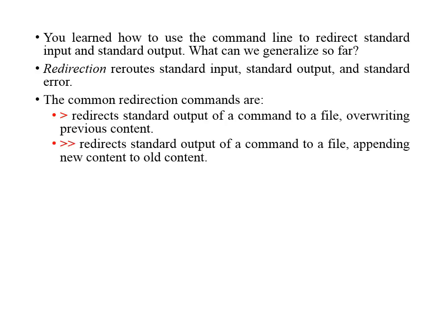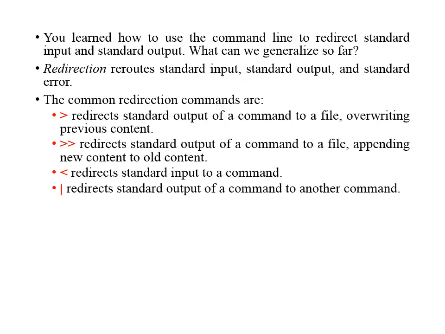The double greater than command redirects standard output of a command to a file, appending new content to old content. The less than command redirects standard input to a command. The pipe or vertical bar command redirects standard output of a command to another command.